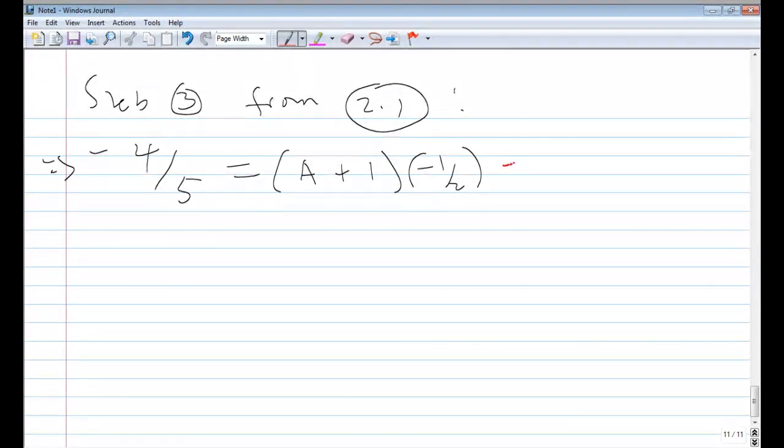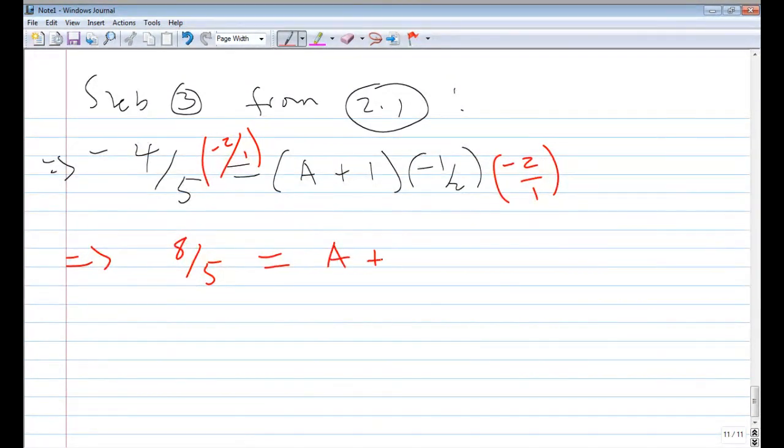Then you multiply by minus 2 over 1. Then you get what? 8 over 5 equal to A plus 1, isn't it?